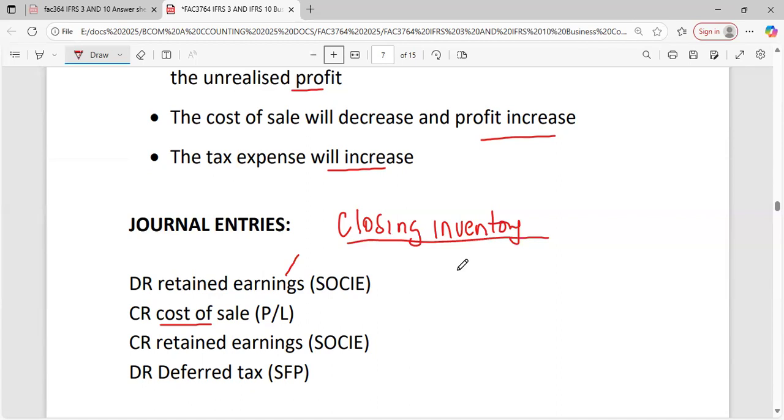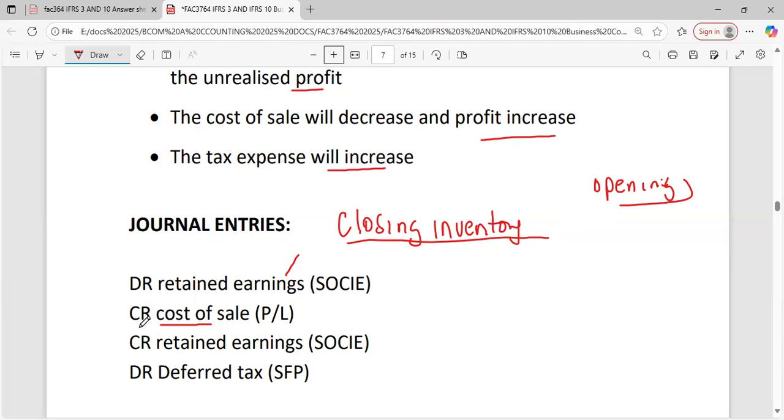Remember, when we have opening inventory, at the end of the year it is obvious that the opening inventory will be realized, which means it will be sold to third parties. That one is common. There is no way you can start with opening inventory at the beginning of the year and still have that opening inventory at the end of the year. So by the end of the year, we assume that the unrealized profit in opening inventory is now realized.